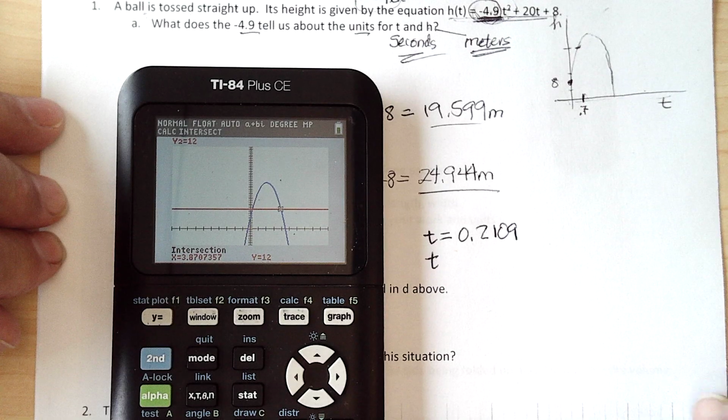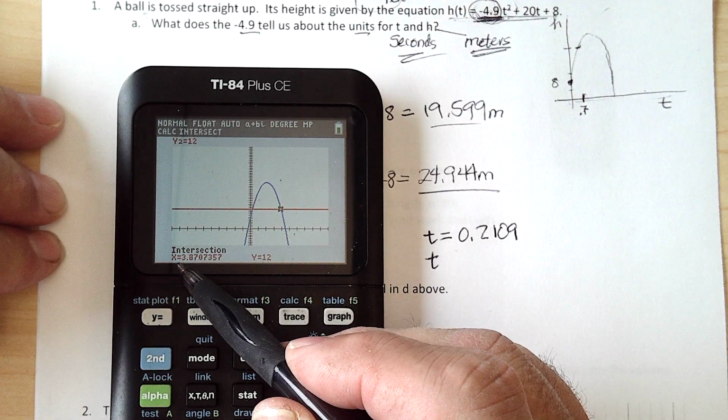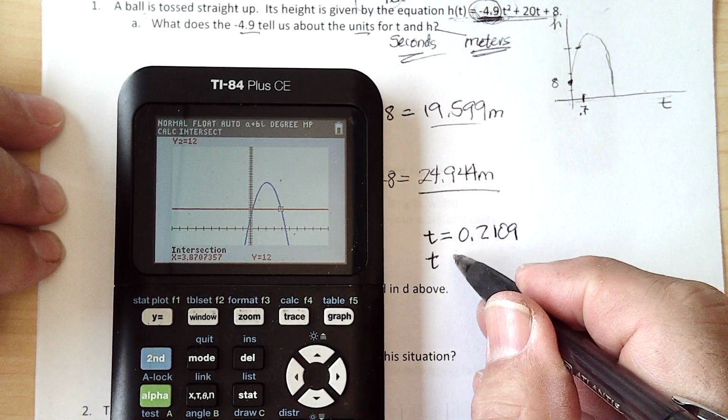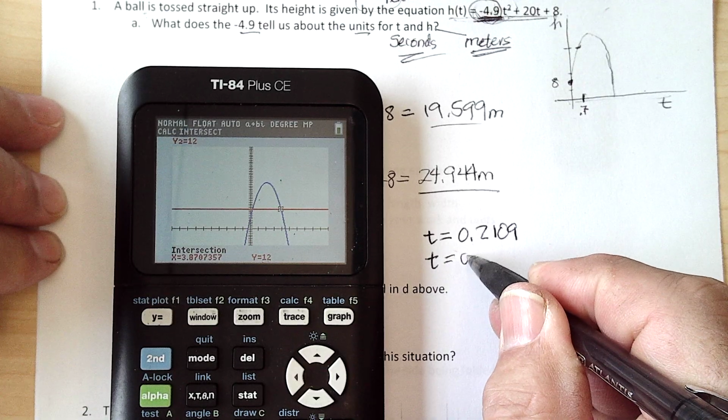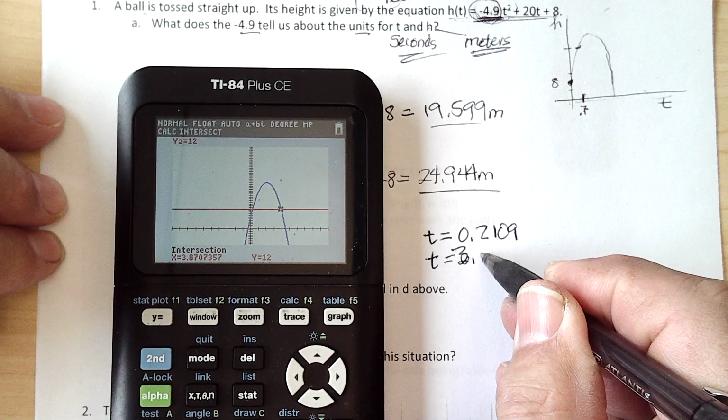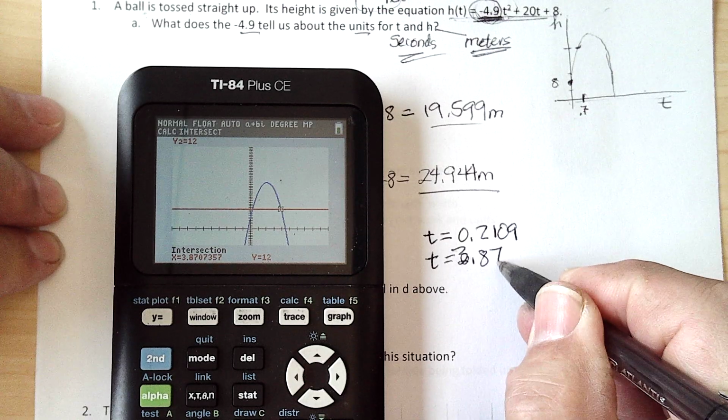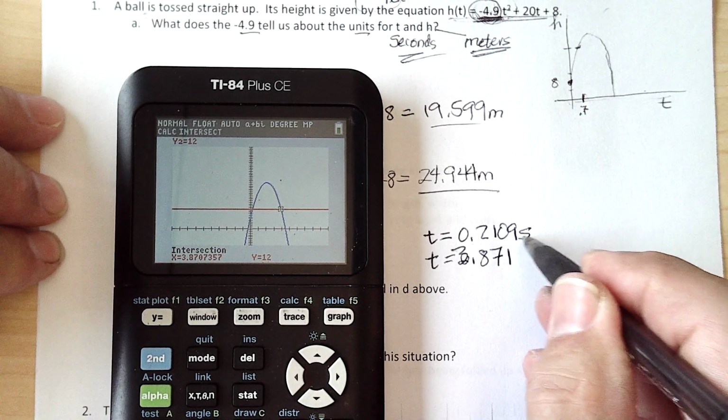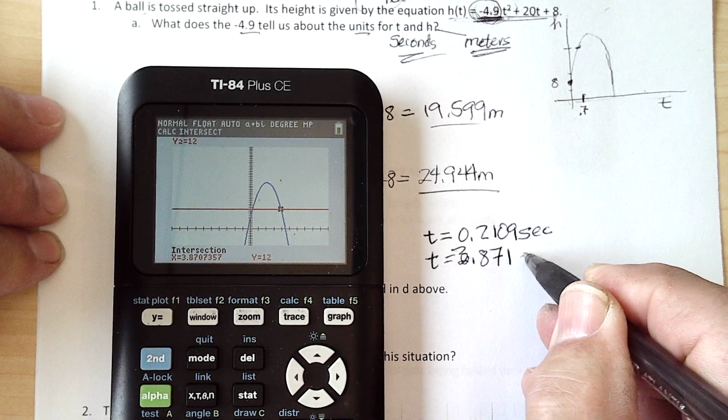And it says the answer is 3.871 approximately. Those are in seconds.